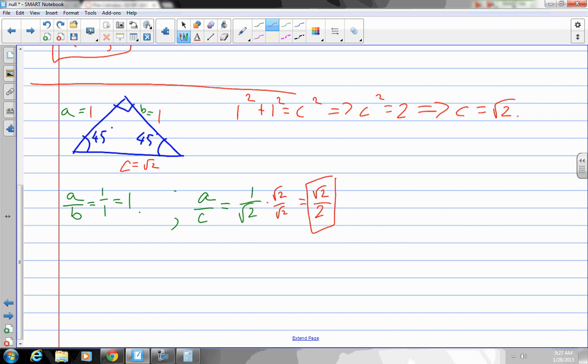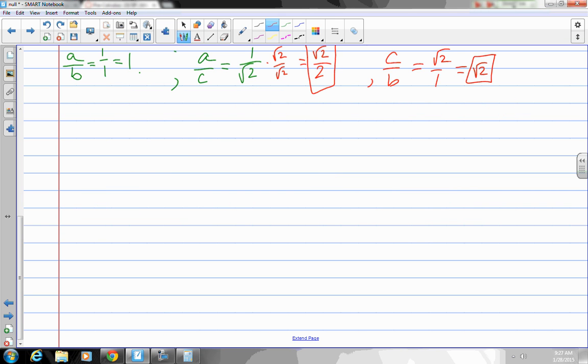If I ask you the ratio of, let's say, C to B, you would go ahead and say, well, it's square root of 2 over 1, so just square root of 2. Okay, so this is our 45, 45, 90 triangle.